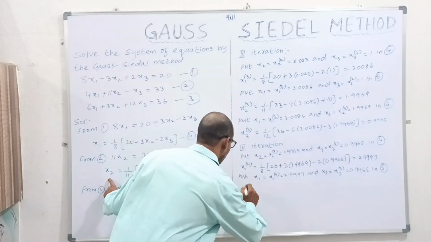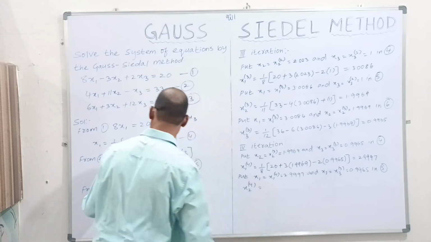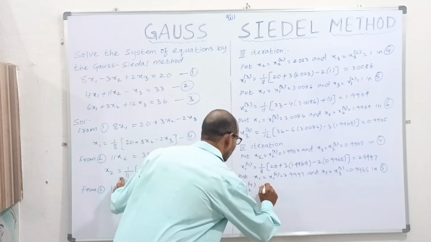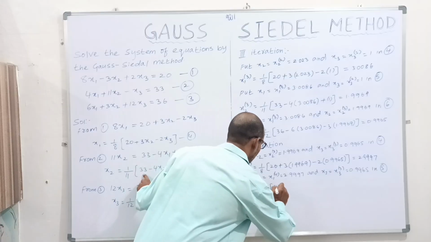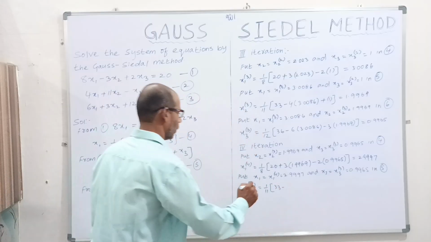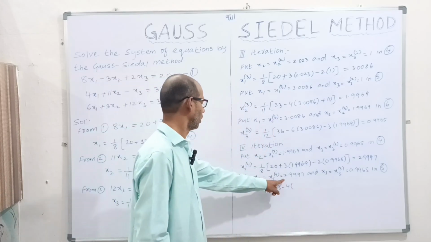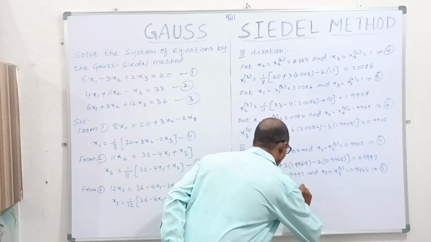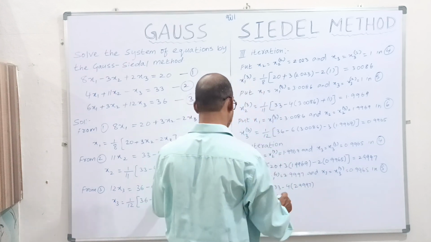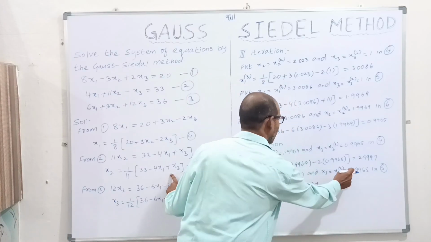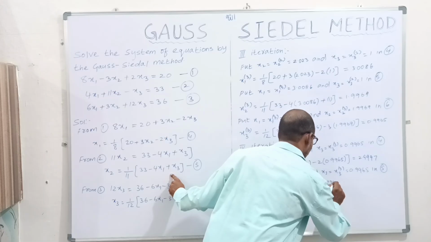Therefore x2 equals 1 upon 11 times (33 minus 4 into x1, so instead of x1 we will use 2.9997, plus x3, so x3 is equal to 0.9965).